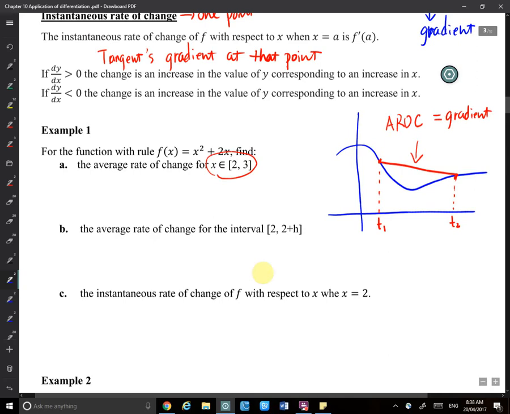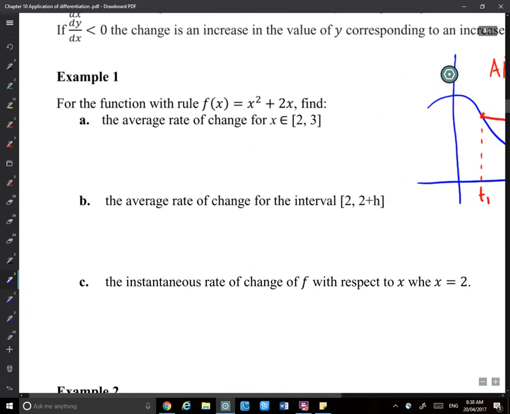When x equals 2, f(2) gives you 2 squared plus 2 times 2, which gives you 8. 2 squared is 4, 4 plus 4 is 8. When x equals 3, that's the finish point, f(3) is 3 squared plus 2 times 3, 9 plus 6 gives you 15.